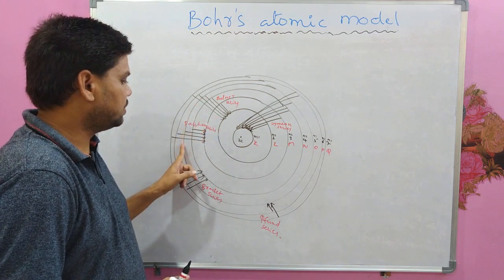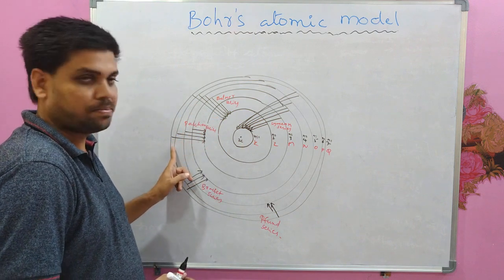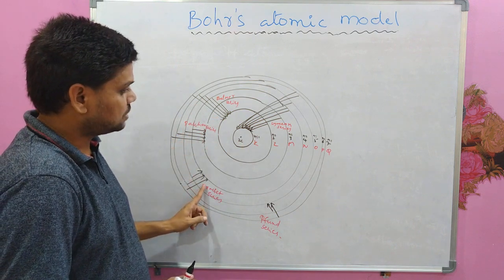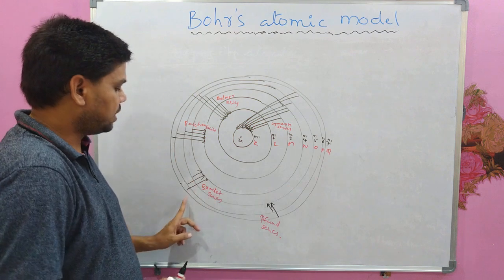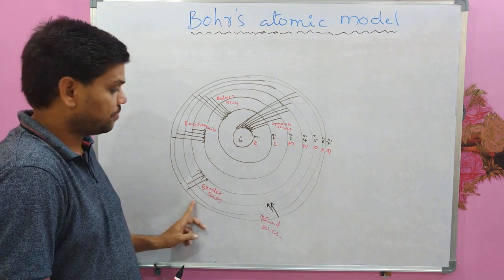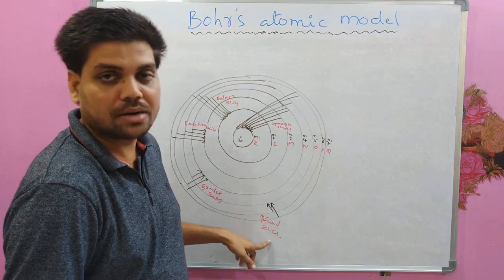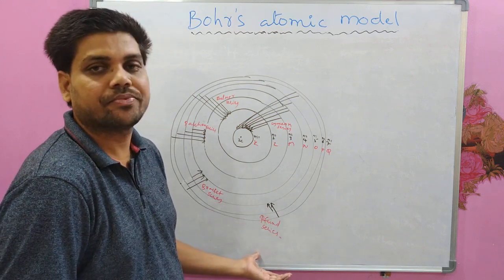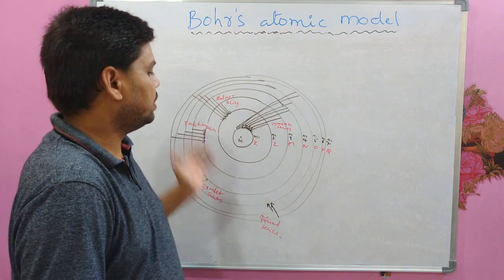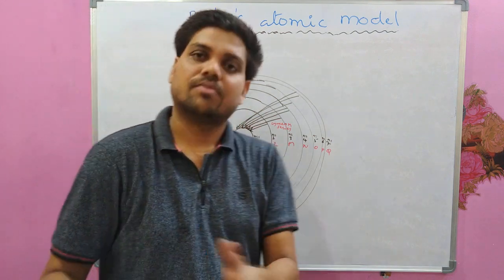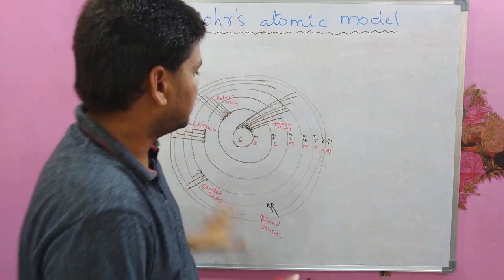Electron transition between the third orbit and higher orbits is Paschen series. Between the fourth orbit and higher orbits, Brackett series. And between the fifth orbit and higher orbits is Pfund series. This is how we draw the diagram for the spectral series of hydrogen atom.